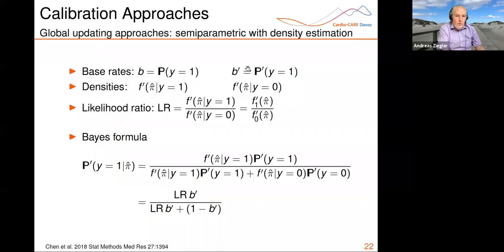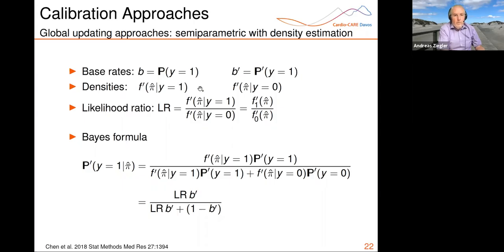What we can now do is, once we have developed our probability machine, when we apply our probability machine to our validation data, we can estimate these pi hats, and we can then estimate the density.